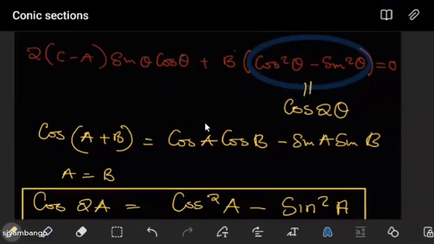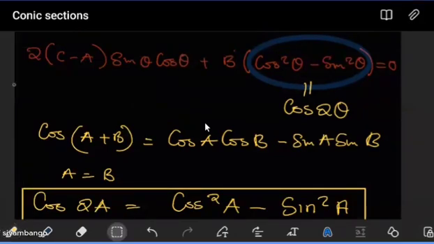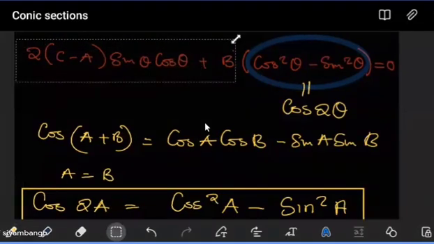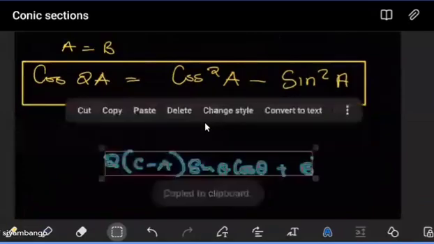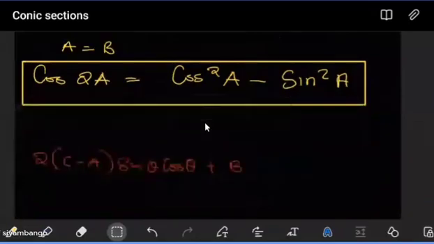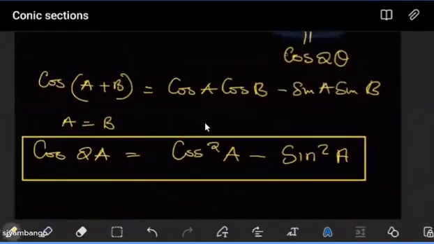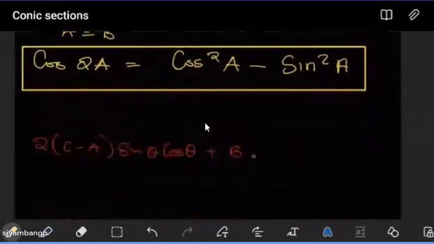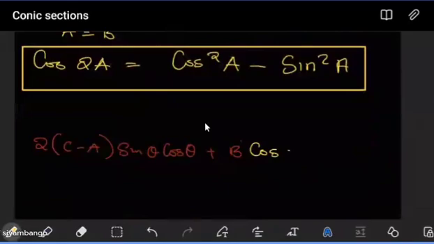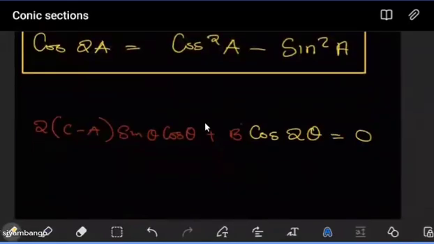Yes. Okay. So based on that, I'll just copy the rest of this, but in place of this whole part, I'll just put cos 2 theta is equal to 0. So this is where we are now.